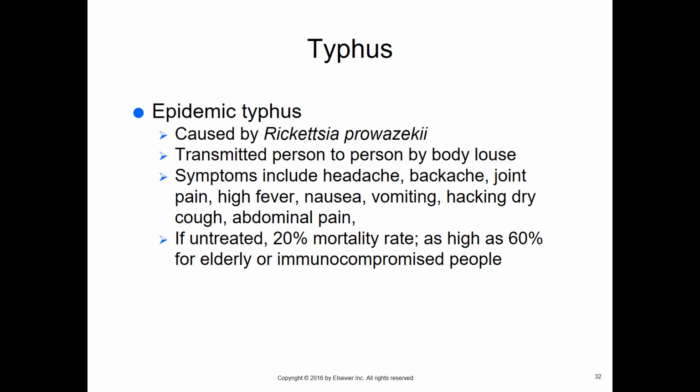Symptoms occur quickly and include headache, backache, joint pain or arthralgia, high fevers, red rashes in the middle of the body that tend to spread, nausea, vomiting, hacking dry cough, abdominal pain, meningoencephalitis, and coma. If left untreated, the mortality rate is about 20%, and in the elderly or immunocompromised people, it could be as high as 60%.